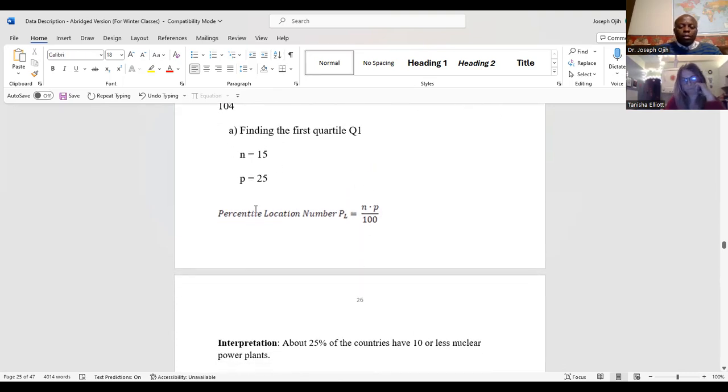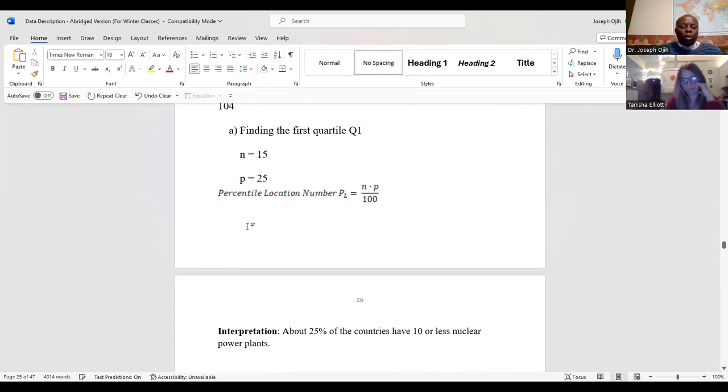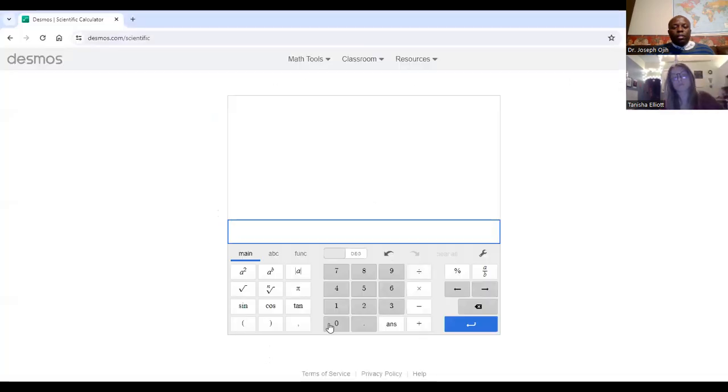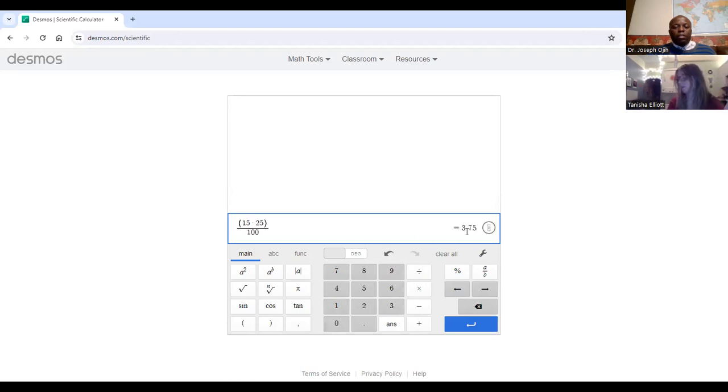So Q1 equals 15 times 25 over 100. On the calculator, 15 times 25 divided by 100 is 3.75.